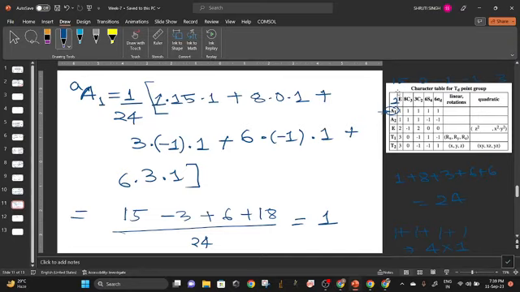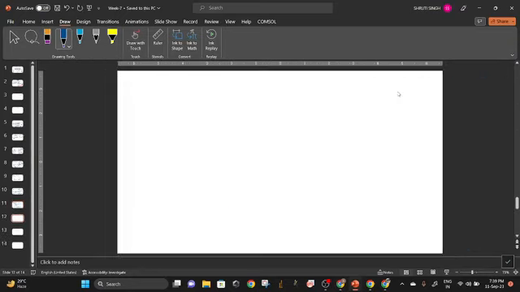So I'll just write the final answers. For A1, which I just solved, I get 24 by 24, which is 1. For A2 you will get 0 by 24, so the answer is 0.